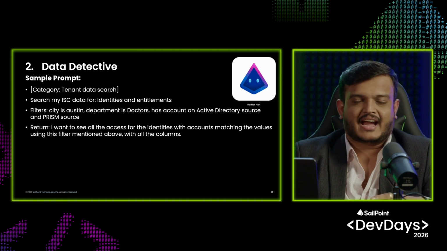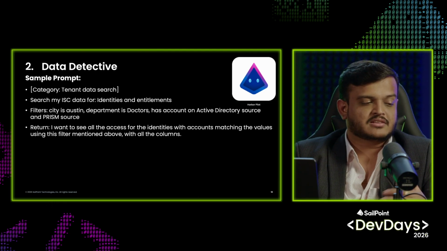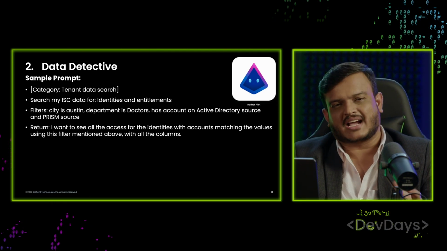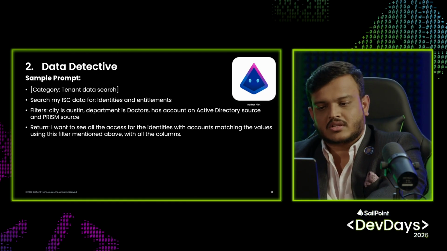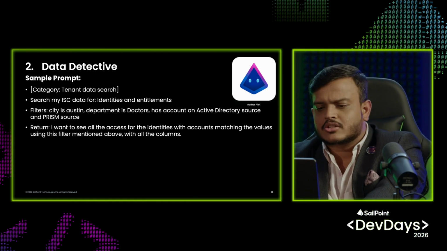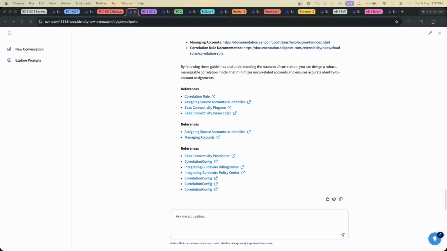I want to see all the access items, accounts, and the matching values. We're going to ask it. This example is a perfect illustration: the goal was to find all the doctors in Austin with accounts on both AD and Prism, and then see everything they have access to. Let's see how it goes.